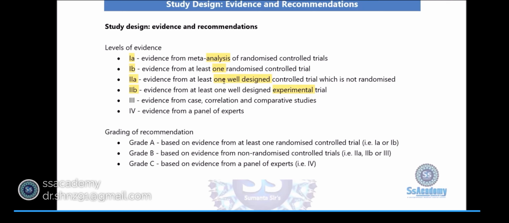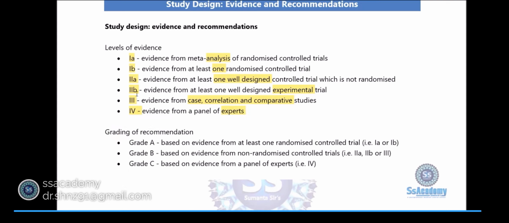Level 3 is evidence from case, correlation and comparative studies. And level 4 is from a panel of experts.